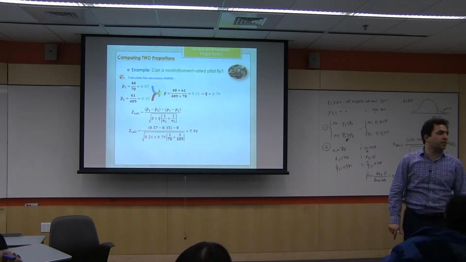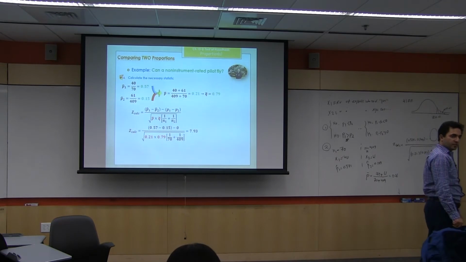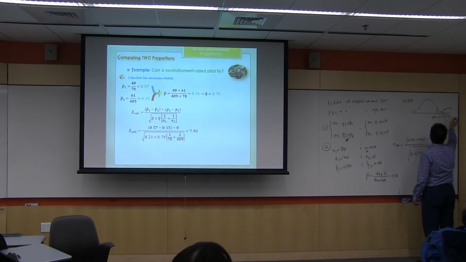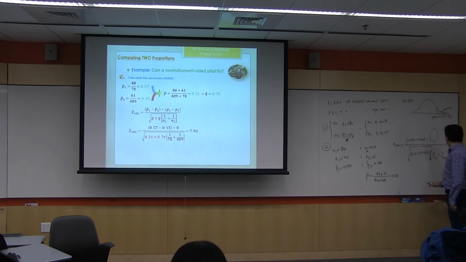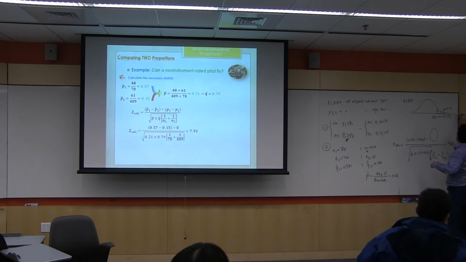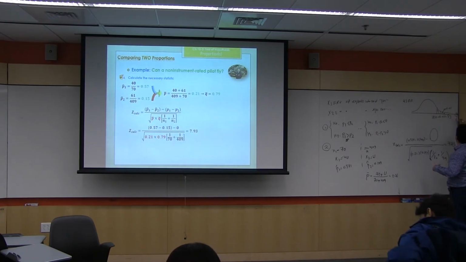Anybody else? 2.33. Are you getting the same number? Okay, this is 2.33. Now, this is my calc, 7 point something. This is 2.33. I have no more space, but basically the calc is in here. Is that right?